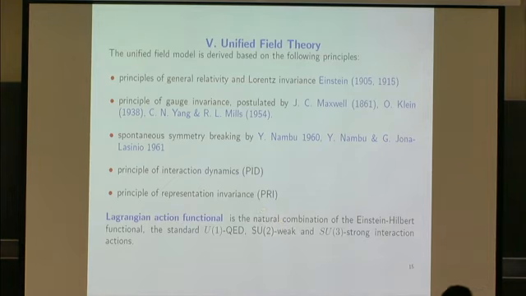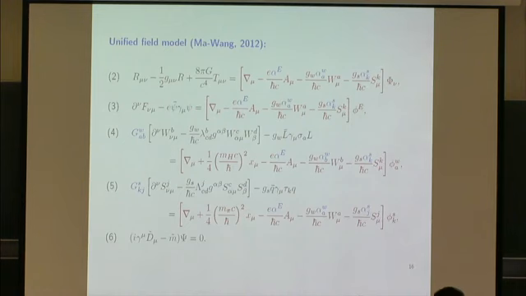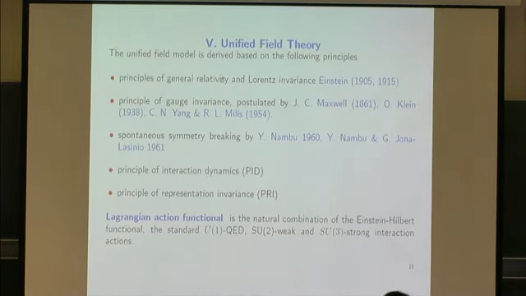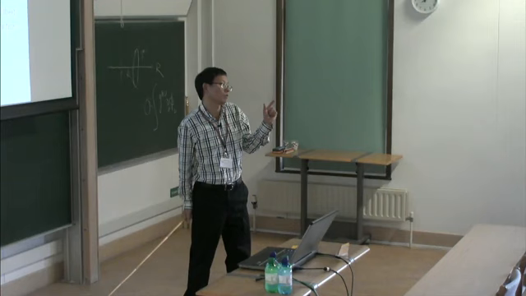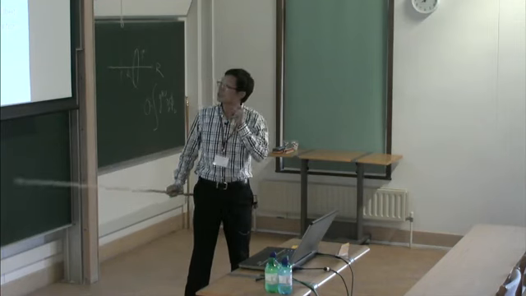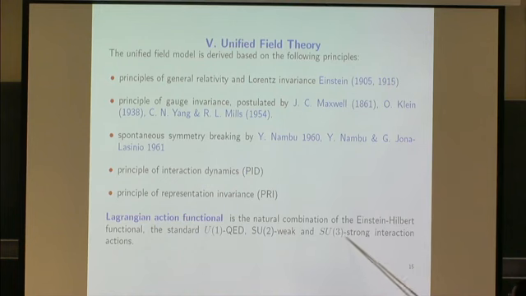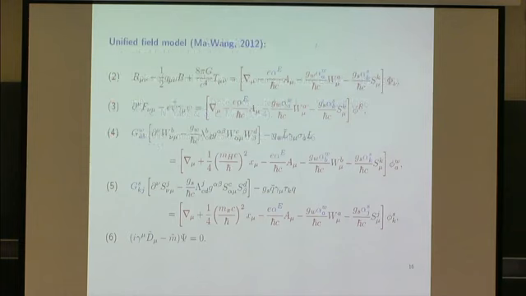So basically now what we do is we simply take a simple combination of quantum electrodynamics and the Einstein-Hilbert functional, SU(2) weak. Here we don't put anything like a Higgs field in there. We don't put a Yukawa type of coupling. We use the most simple SU(3) quantum chromodynamics gauge functional, and we derive this equation.